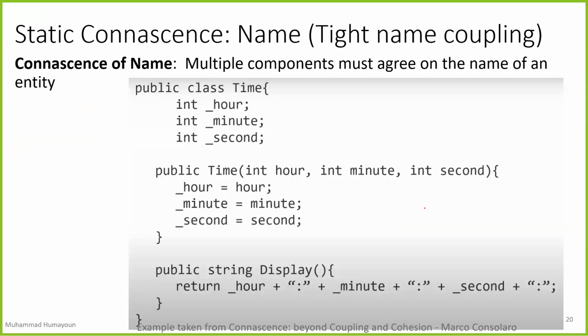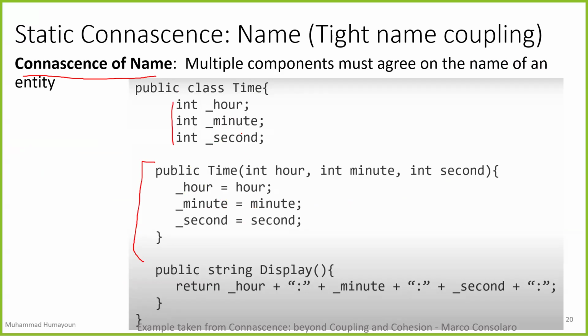The first static connaissance is called connaissance of name. It is a tight named coupling. I will try to give an example. We have a class like Time. Of course, we have hour, minute, and second. This is our constructor. We take local variables and we pass these values to our attributes here, as you can see.